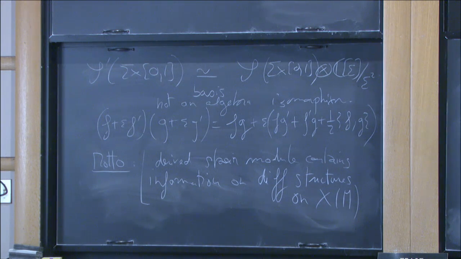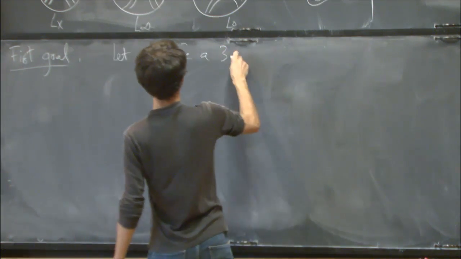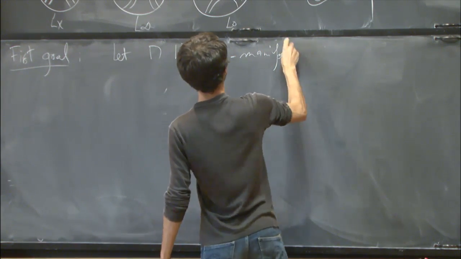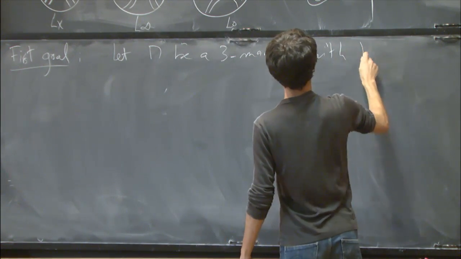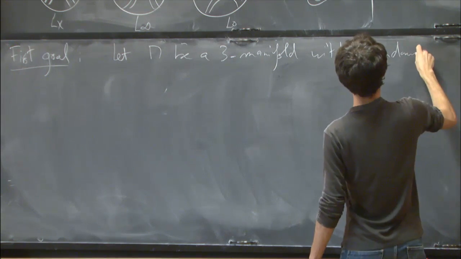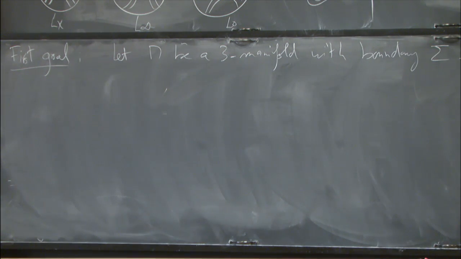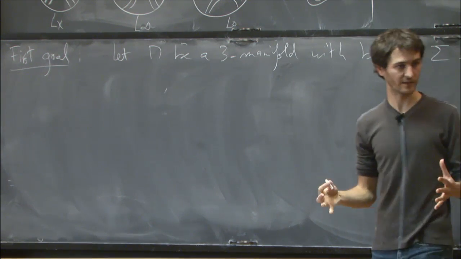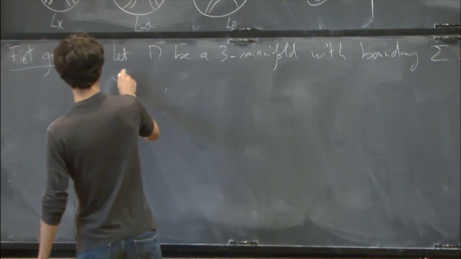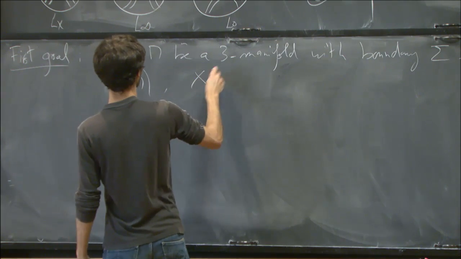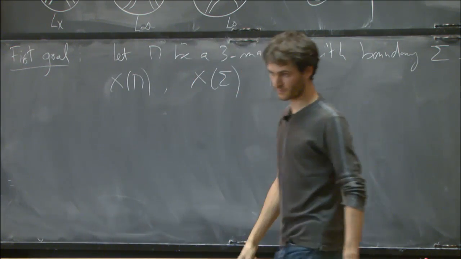In character varieties, suppose you have a manifold. Let M be a 3-manifold with boundary sigma, which may or may not be connected. Okay, so you have two character varieties. You have the character variety of M, and you have the character variety of the boundary.